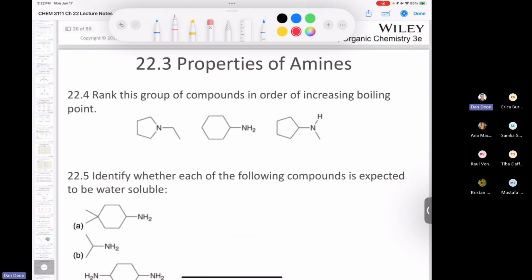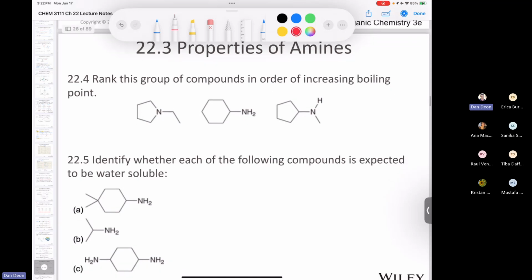Okay, so now we're going to rank these amines in order of increasing boiling point. So we've got a tertiary amine, a primary amine, and a secondary amine. Could anybody tell me which one of these is going to have the highest BP? Anybody?